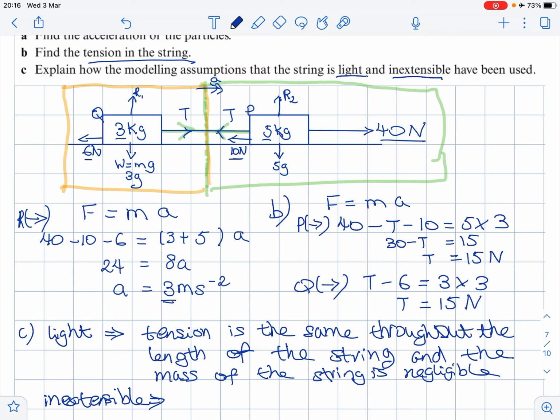So when it's inextensible, that means the acceleration of the masses P and Q is the same. So again, we can consider this as one particle because it's moving on a straight line.